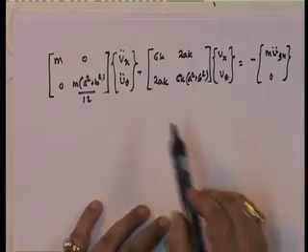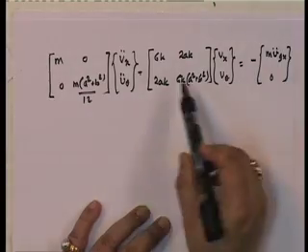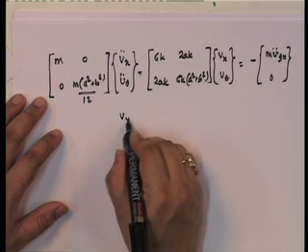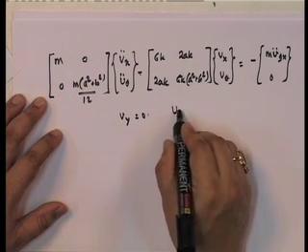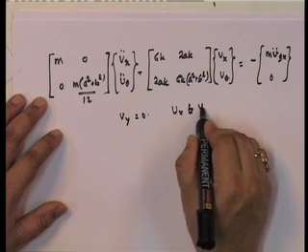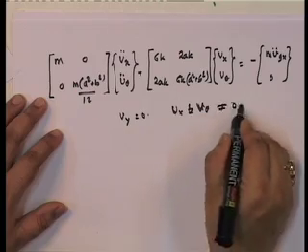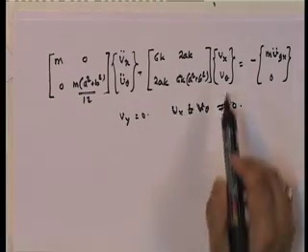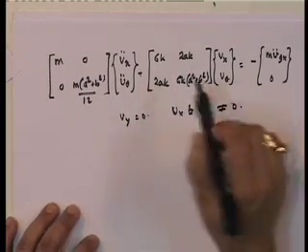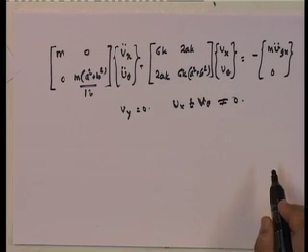Note it is because of this 2ak term that you have coupling. Although Vy is equal to 0, both Vx and v theta are not equal to 0 because of this coupling term. If this was 0, you would get a completely separate problem.